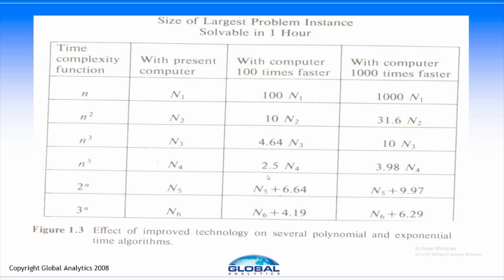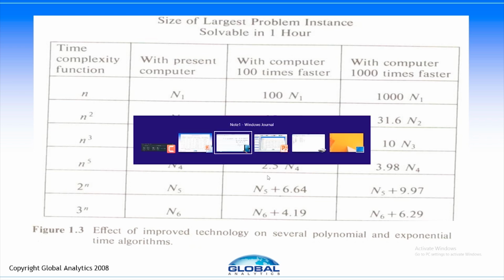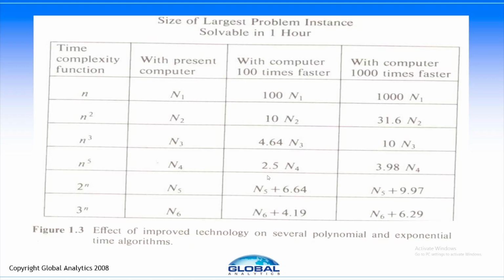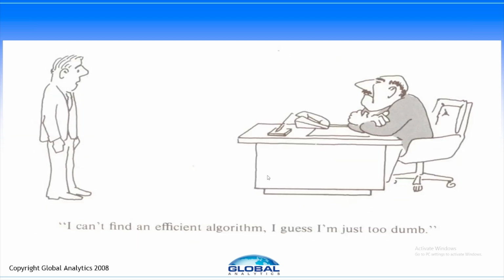So here is another interesting cartoon from that book, that, so suppose you come across one of these hard problems in your company, and you try very hard, you're not able to get an efficient algorithm. What you don't want to say to your boss is that I can't find an efficient algorithm because I think I'm not clever.